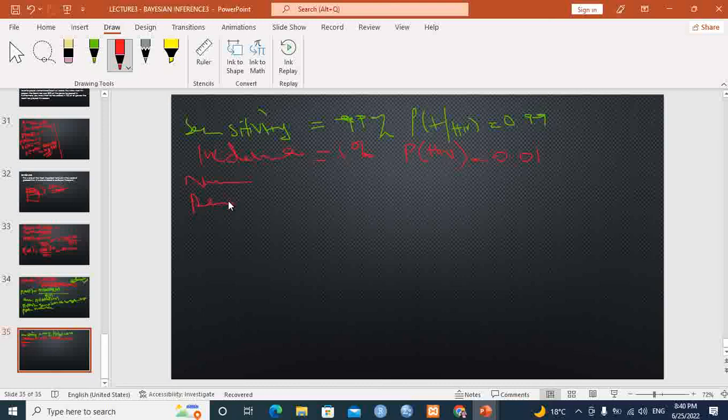It is the probability of positive. There are two possibilities: the probability of positive given HIV, and the probability of positive given not HIV.